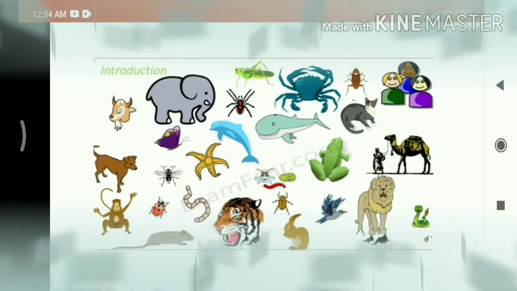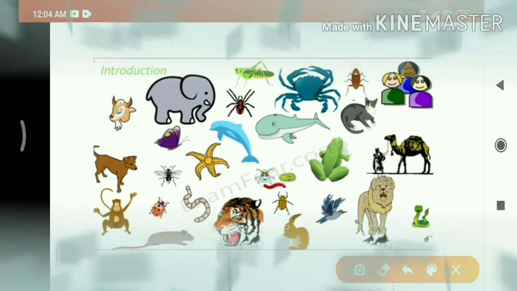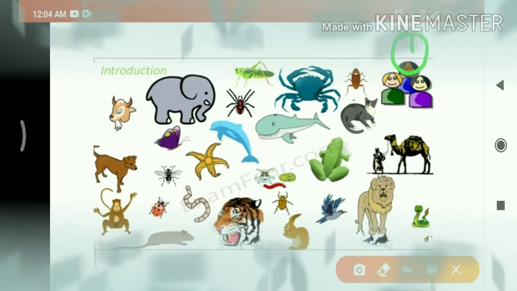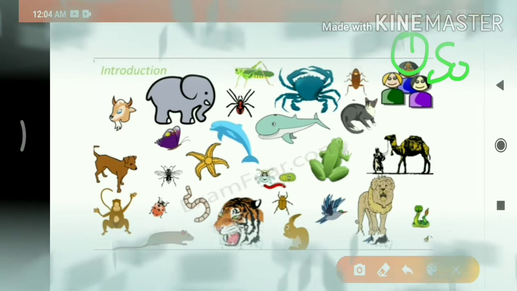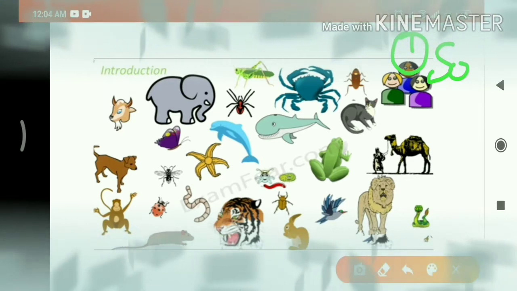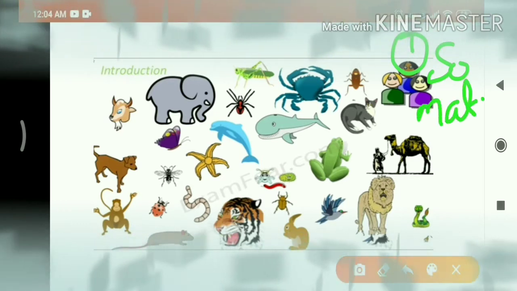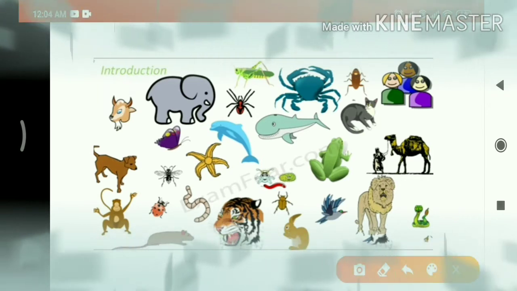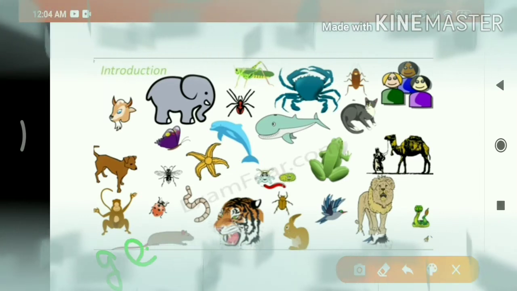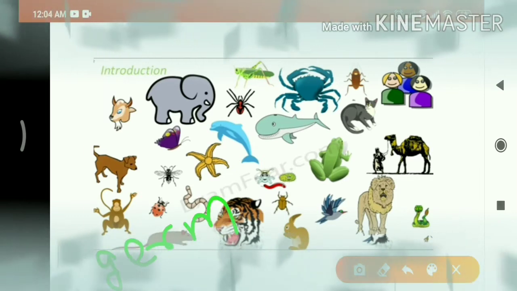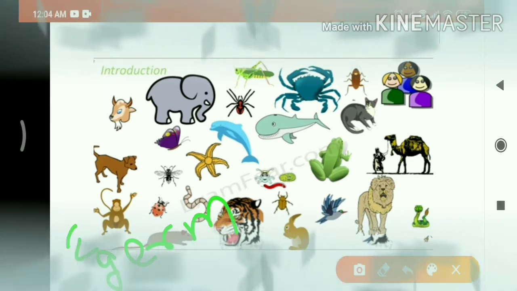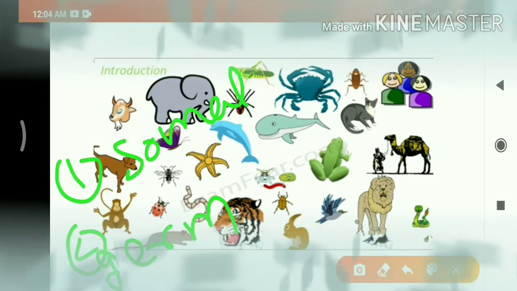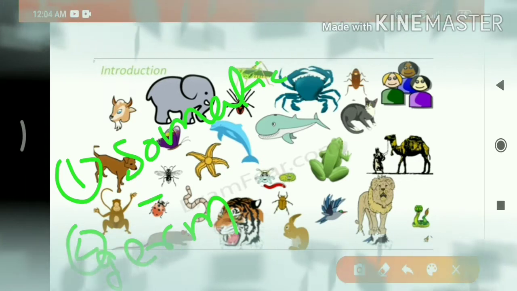I am writing here: the first type of cell is the somatic cell, and the second type is the germ cell. There are two types of cell, first somatic and second germ.